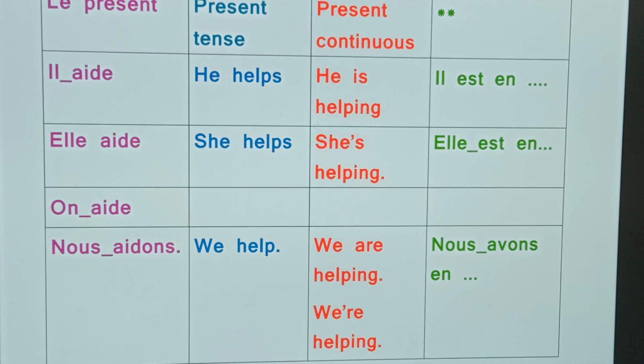The second one, we are helping in English, it's informal. Don't use it in a formal situation. So nous avons, so again here, nous avons, z. So N-O-U-S, and then A. So nous sommes en train d'aider. Okay?